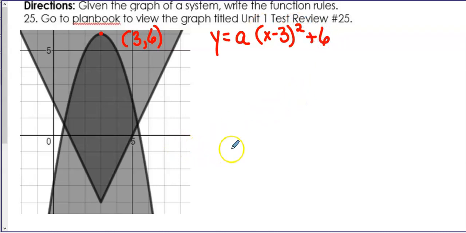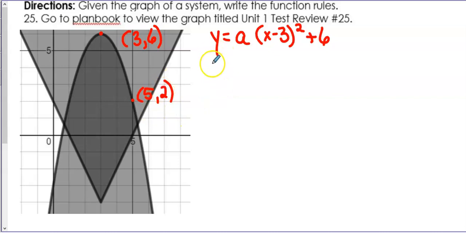I can find the a value because there's also another point I can see: 5, 2. Yep, I can use 5, 2. So let's use 5, 2 to find what the a value is. I know it's going to be a negative because it opens down, but I don't know exactly what it is yet.